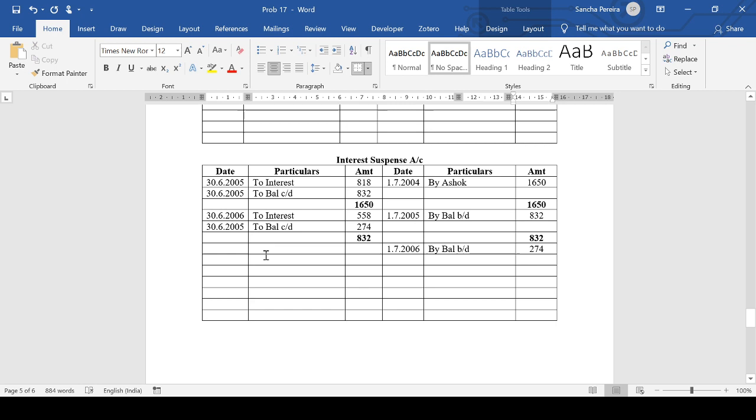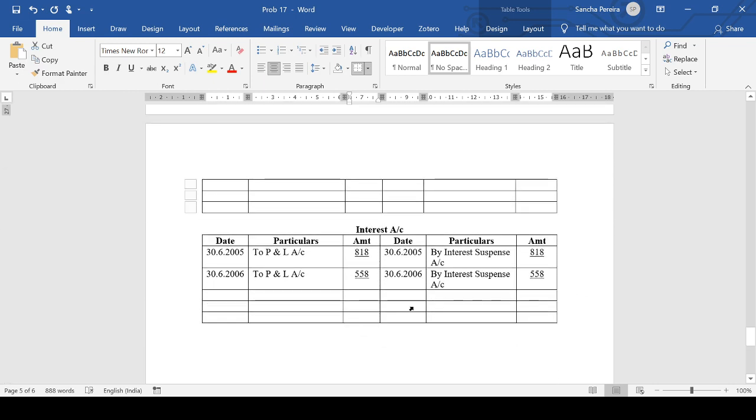So here you will have, sorry, this is the mistake, 2006. 30th June 2007 to interest 274. If you see, your interest suspense account already balances.